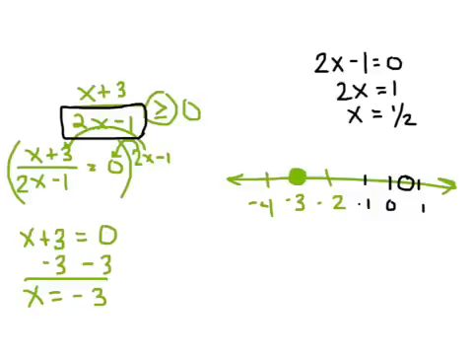So now my zones get broken into 1, 2, and 3. If I put -4 in there, -4 plus 3, over 2 times -4 minus 1, that's -1 over -9, which is positive 1/9, which is greater than 0.